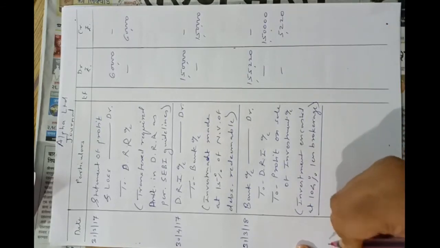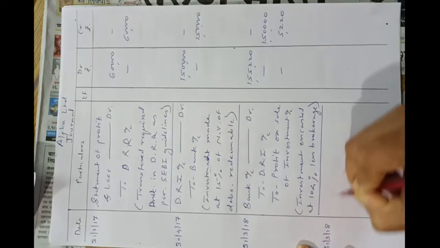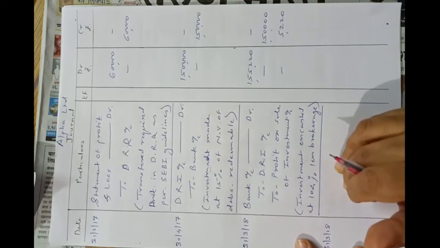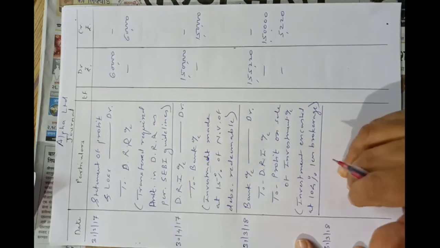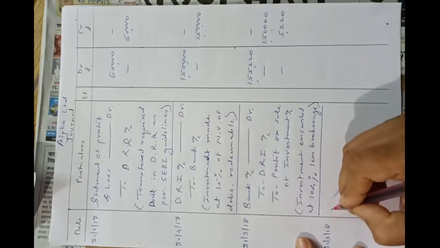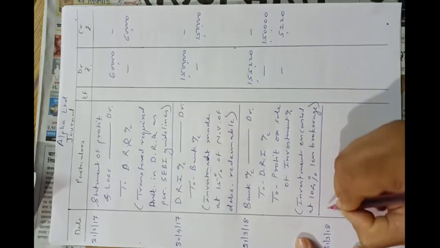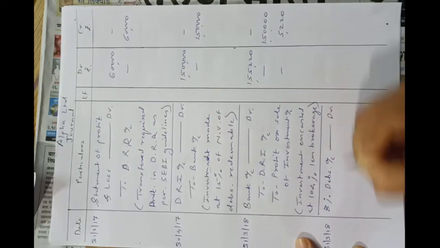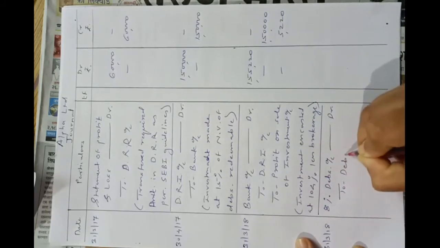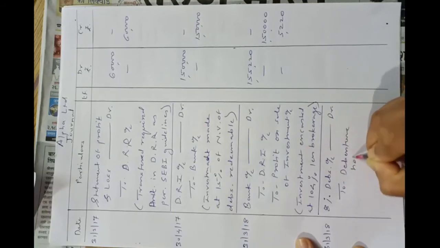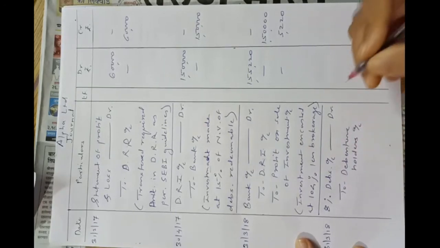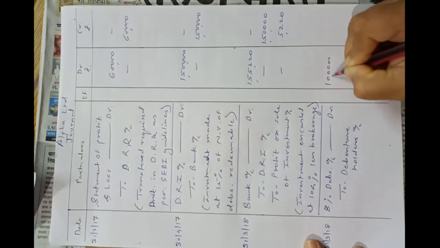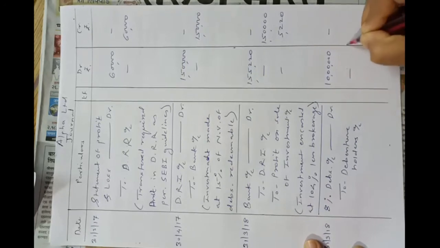Now on 31st March 2018, again, on 31st March 18 we have to show the amount due on redemption. So 8% debentures account debit to debenture holders account. Amount due on redemption is 10 lakhs.